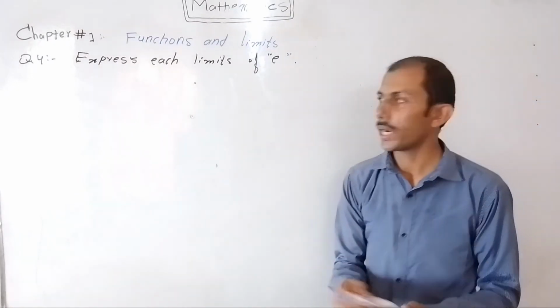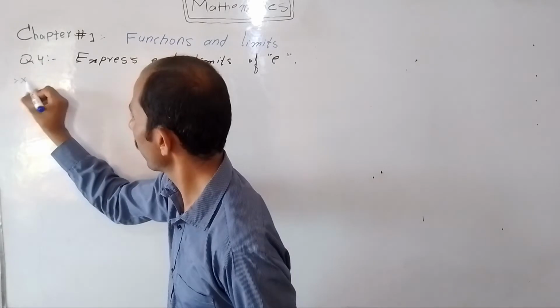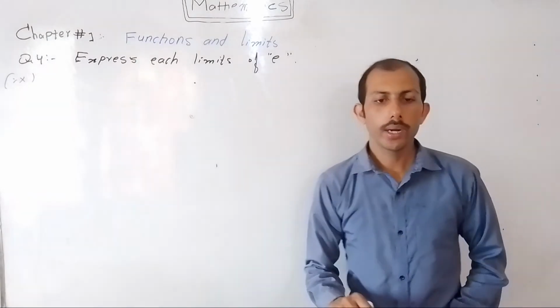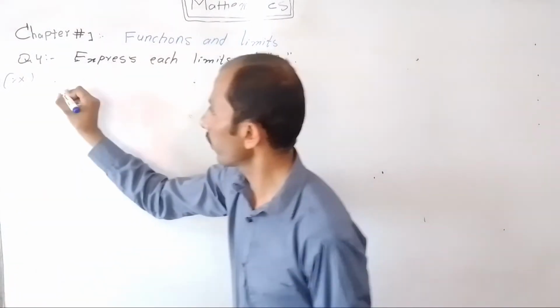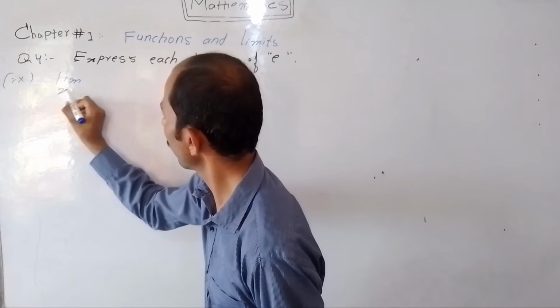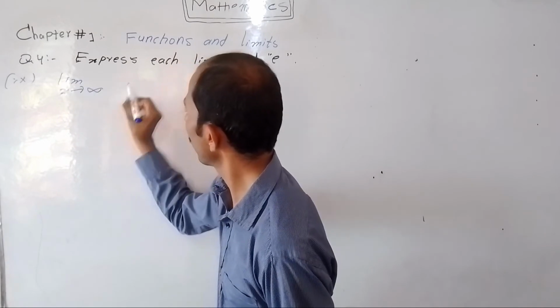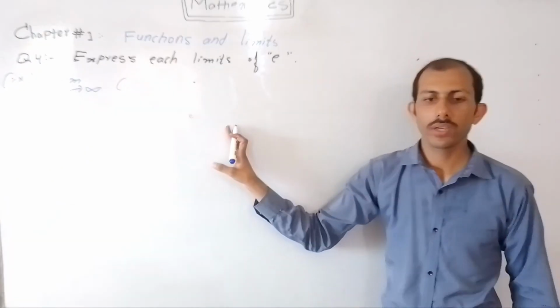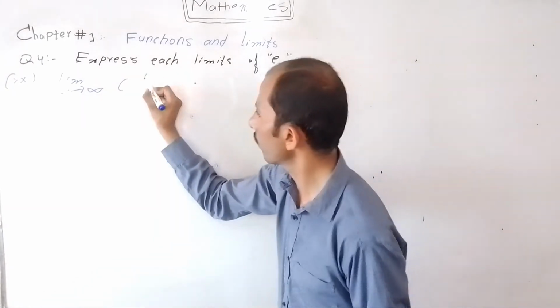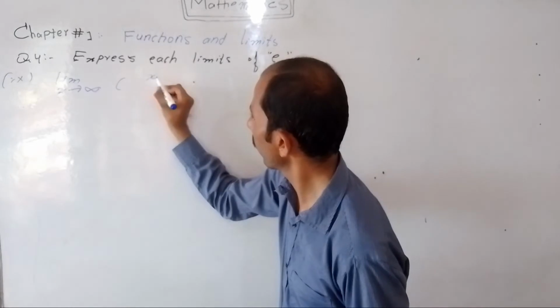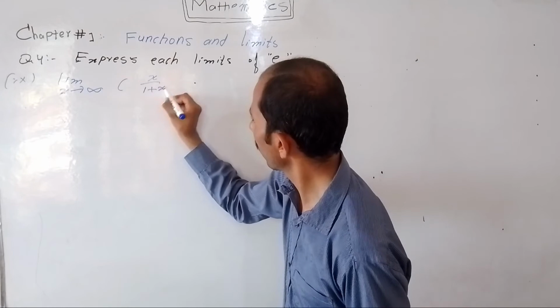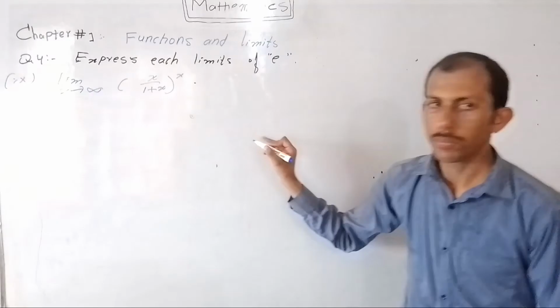Part number 9, that is, limit x approaches infinity of (x divide 1 plus x) whole power x.